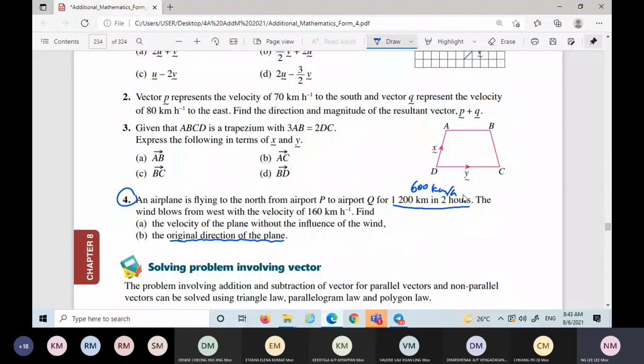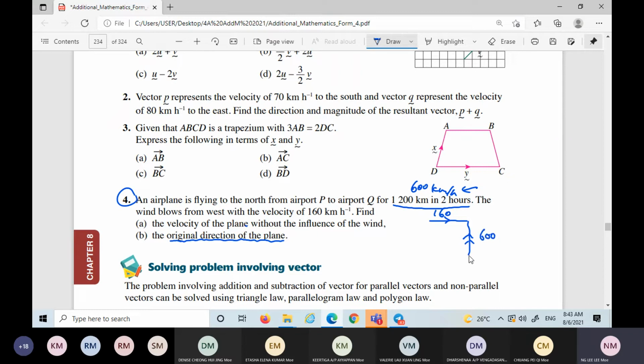It means this one is already the resultant. This is the wind, that blow from the west, so from the west go to the east. Then this is the resultant, flying exactly to the north, which is a 600 velocity.